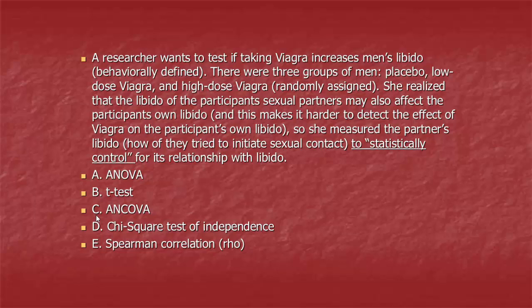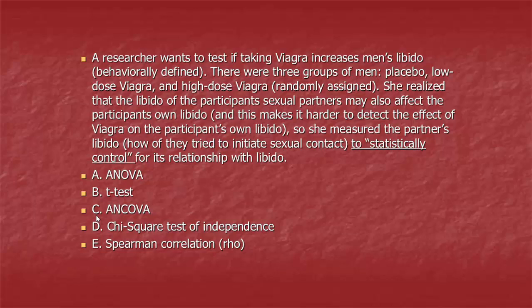So the researcher measured the partner's libido as well. How often they tried to initiate sexual contact. That's what that was defined as. And she measured that in order to, quote unquote, statistically control for its relationship with the participant's libido. So they wanted to get rid of it to see if Viagra was actually helping men's libido. So what's the answer here?